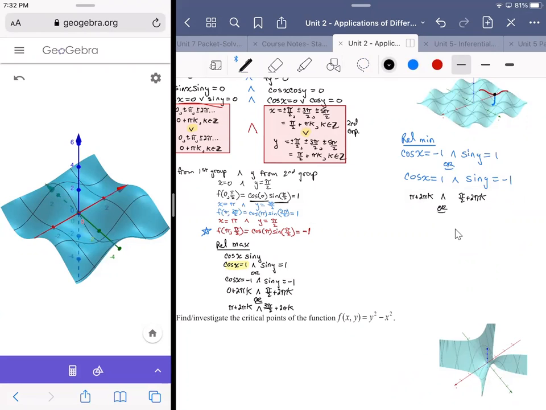Or I need cosine of x equal to a +1. That's this one. Which again, I said this before, but I keep writing it this way. You could write that as 2 pi k and not have the 0 plus. All right. And sine of y is equal to -1.